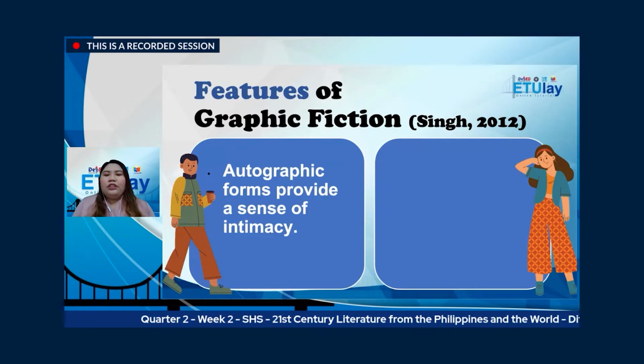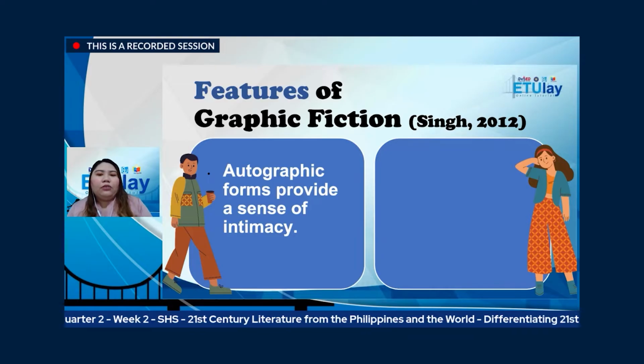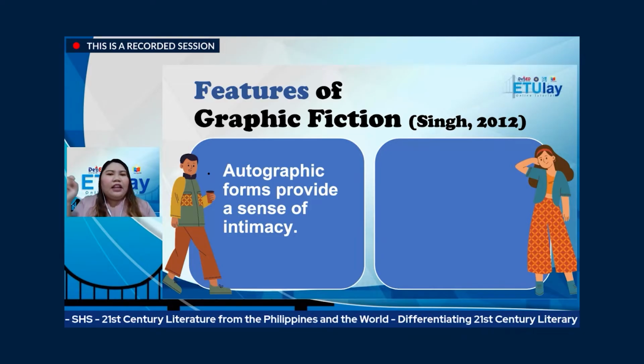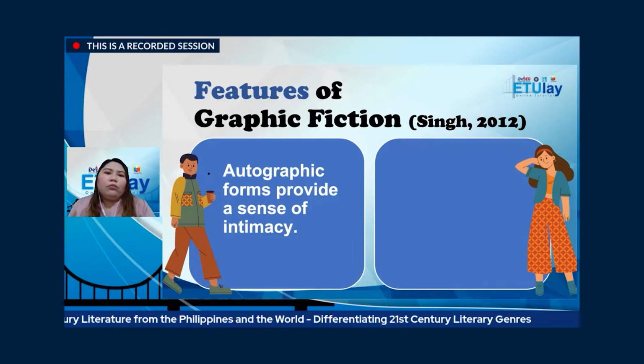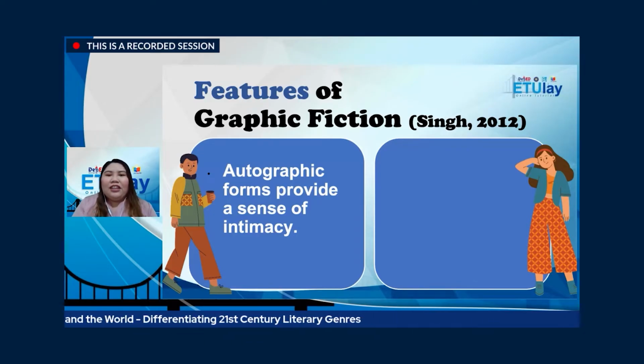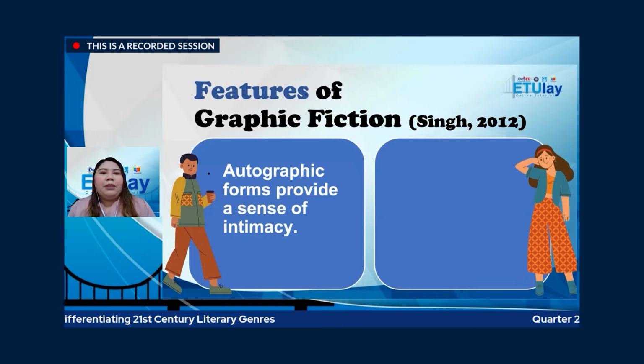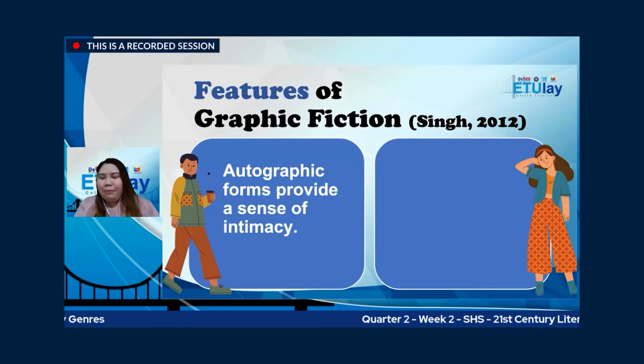Usually, we don't see the normal typeface. We can even see handwriting, words or sentences or expressions in graphic fiction. There's a sense of intimacy because we can relate to the author as if we're the ones writing on paper, not just the usual ones that we see in novels.